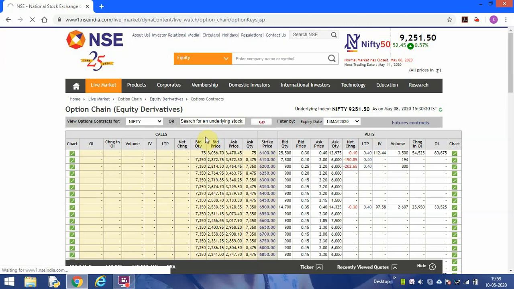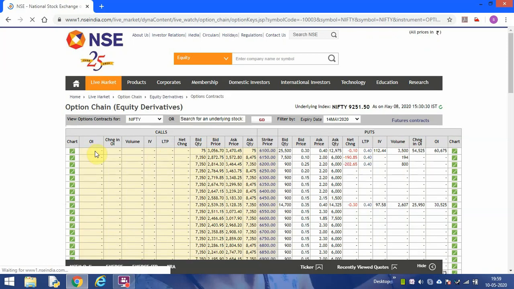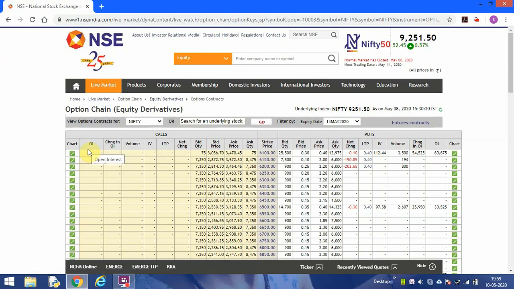One is call, one is put. And you see at the bottom open interest, change in open interest, then volume, bid quantity, bid price, ask quantity, ask price, strike price. The same way you get input.